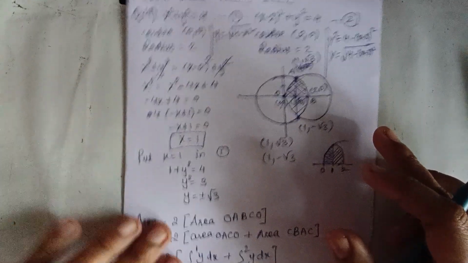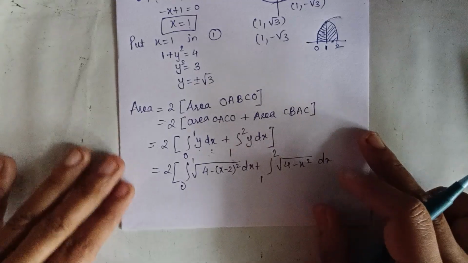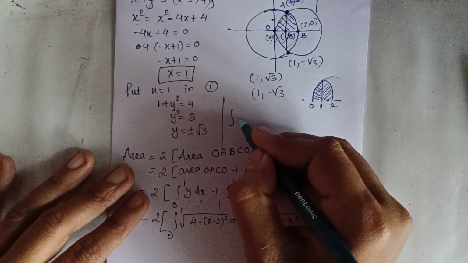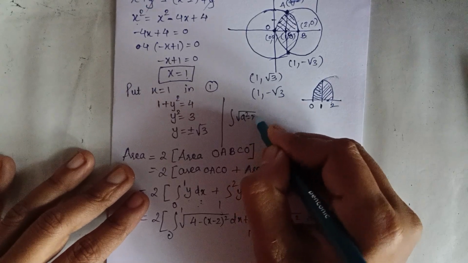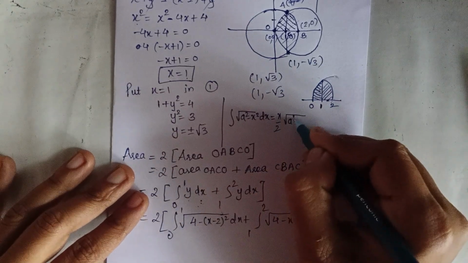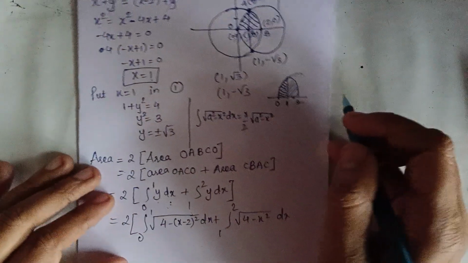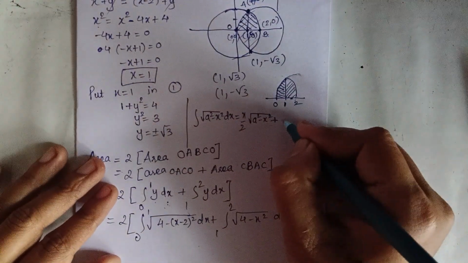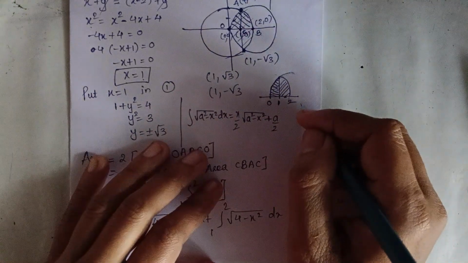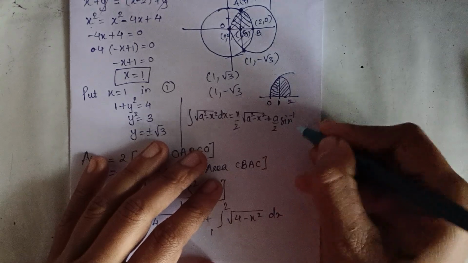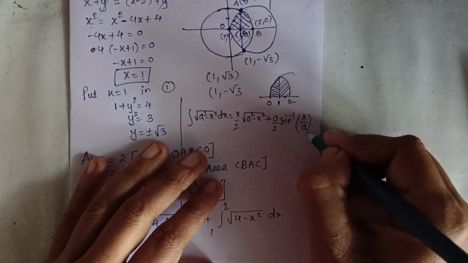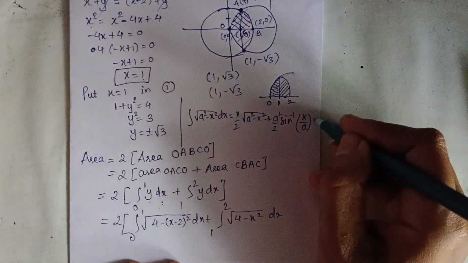Okay, so I'll write it somewhere. x by 2 root of a square minus x square plus a square by 2 sine inverse x by a plus c.